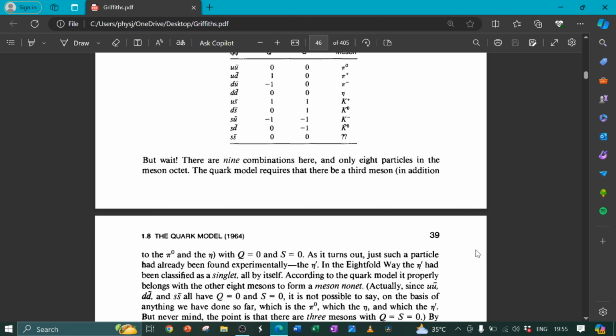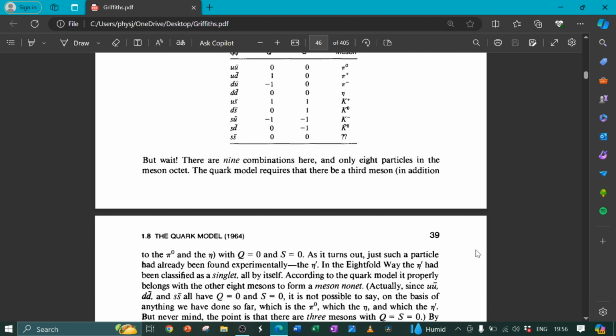In the eightfold way, the eta prime had been classified as a singlet, all by itself. According to the quark model, it properly belongs with the other 8 mesons to form a meson nonet.